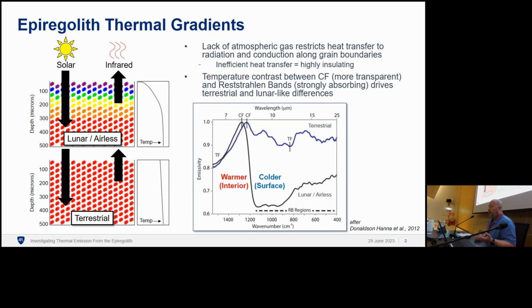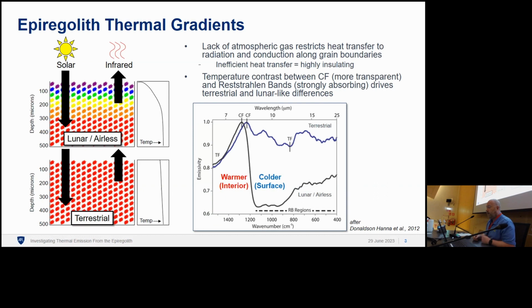If you don't have that atmosphere to convect, then you're really only transmitting along grain boundaries, and if you have really angular particles like we have on the moon, those don't touch very efficiently, or by radiation. So you're basically turning a particulate into aerogel on the lunar surface. You have this really highly insulating surface, which allows these really large temperature differences we see on the lunar surface, because of the highly insulating nature.